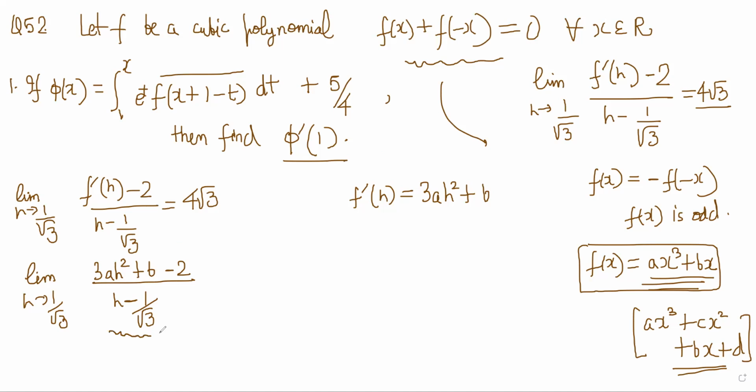Now this portion disappears, it goes to 0. So this portion must also go to 0 if you have to have a finite limit. If this doesn't go to 0, you have something non-zero divided by 0, which will be infinite, right?